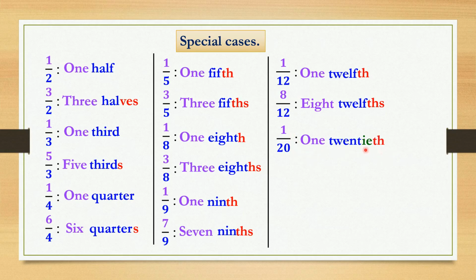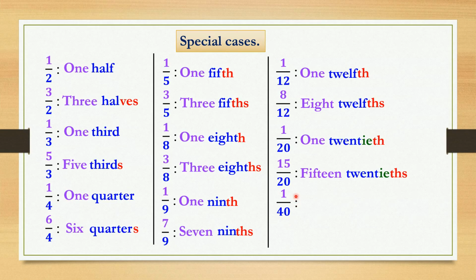So here, if a number ends with a y, we change it into ie, then we add th or ths. 15 over 20, we read it fifteen twentieths. We add ths, but don't forget to change the y into ie.